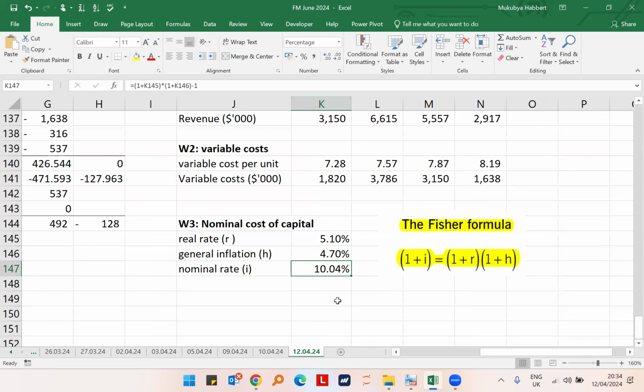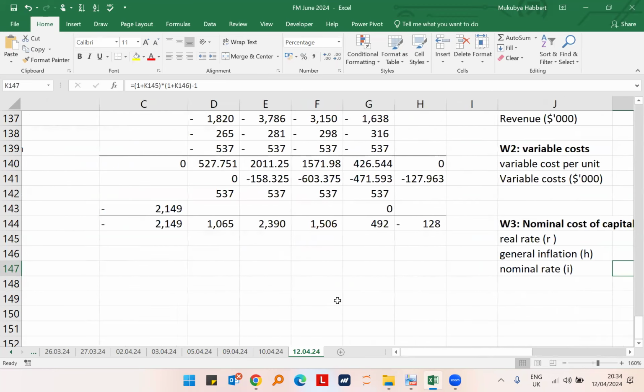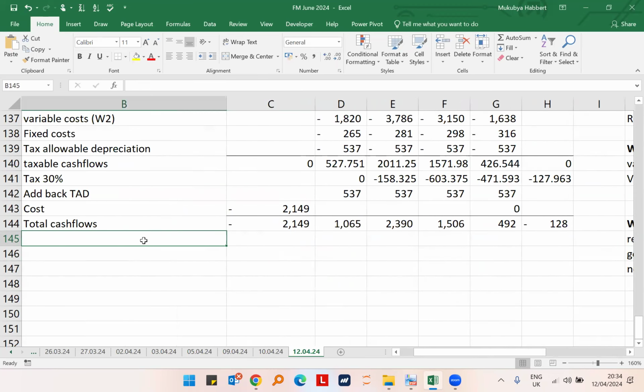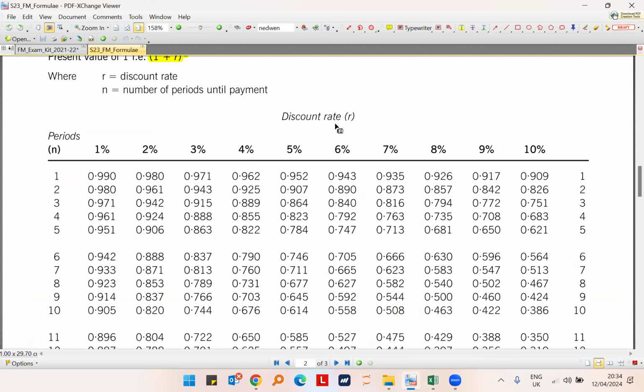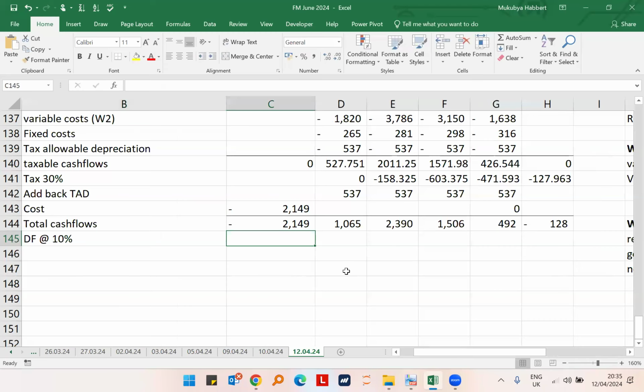You can assume that it's not even 10.04, you say 10%, because if you want to go to the tables, then at this point you say discount factor at 10%. Then you can go to the tables, which if you go to the discount factor table and then you put 10%, you get this figure 0.909 up to 5 years. So these 5 figures. However, as you know by now, we are going to use the formula.